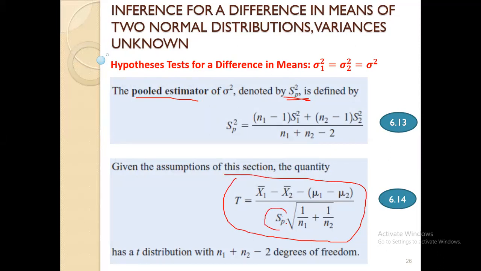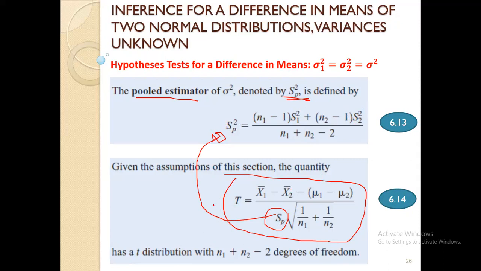Previously we used sigma 1, sigma 2, S1, S2, but not for this. For this, we use Sp. Sp is calculated from n1 minus 1 times S1 squared plus n2 minus 1 times S2 squared. You calculate Sp, substitute Sp into this, and then calculate the t statistic.